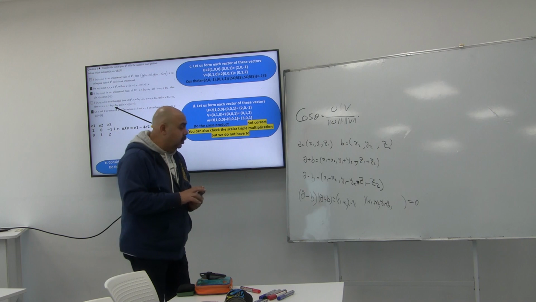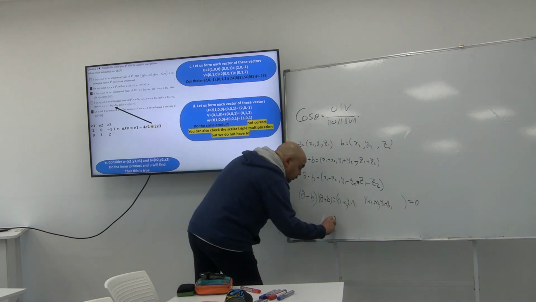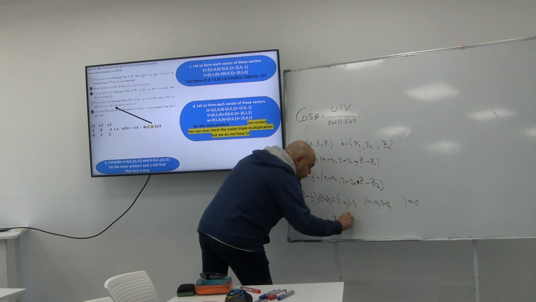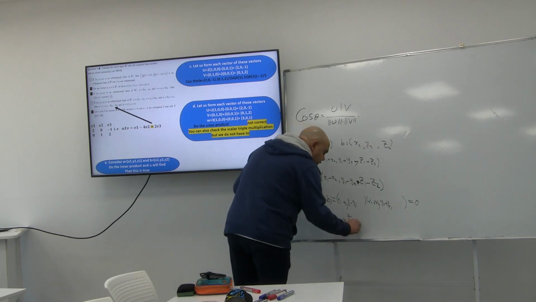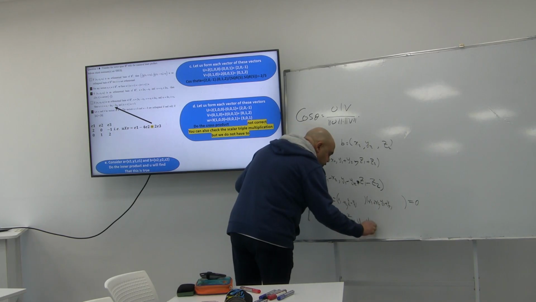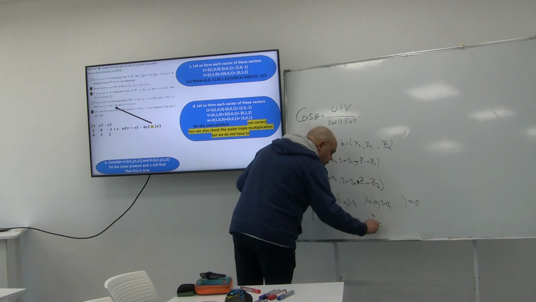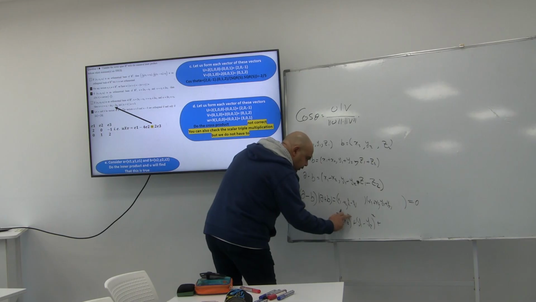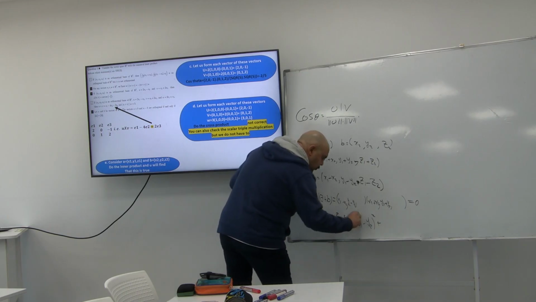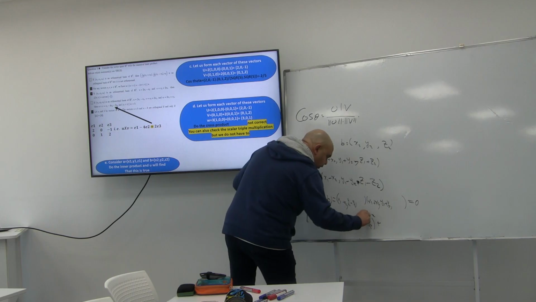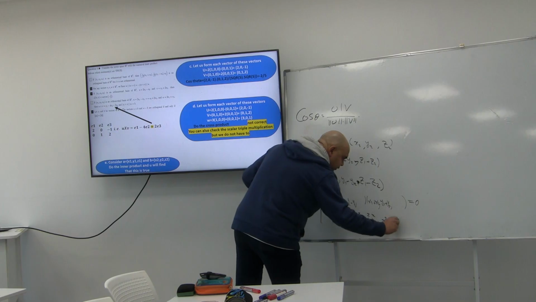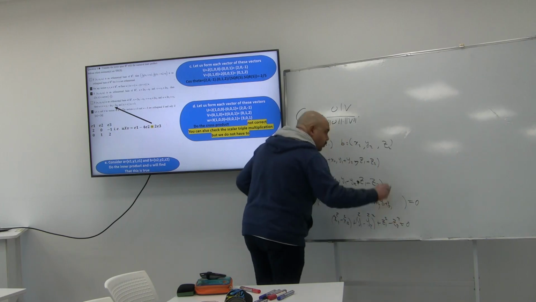You will end up having x1 squared minus x2 squared, y1 squared minus y2 squared, and z1 squared minus z2 squared, equal to 0.